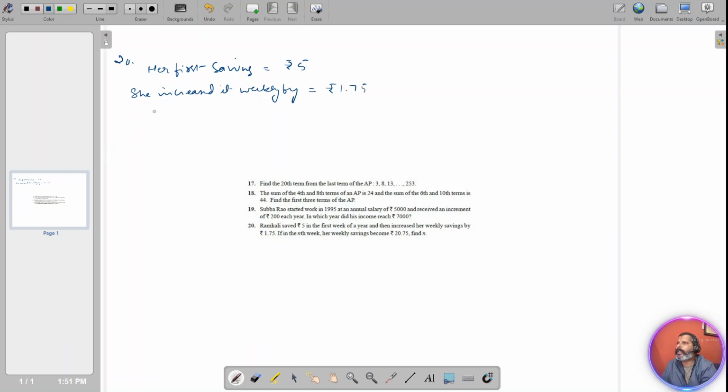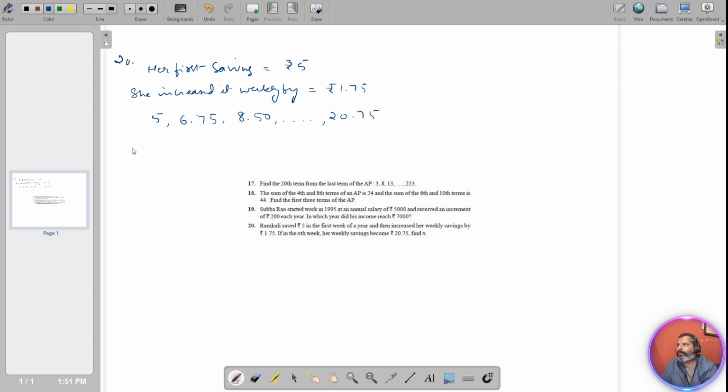Therefore, what will be the AP here? First is 5, 6.75, 8.5, and so on. What is the amount she wants? 20.75. Just check: 6.75 plus 1.75 is one and a half, one and a half, two and a half, two and a half plus 6, 8.5. Correct.